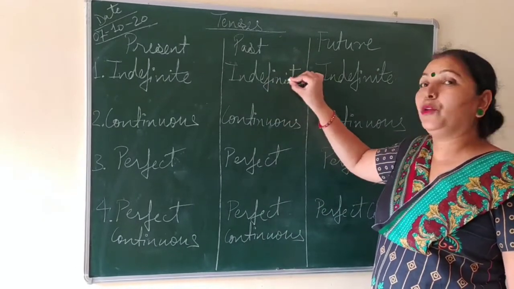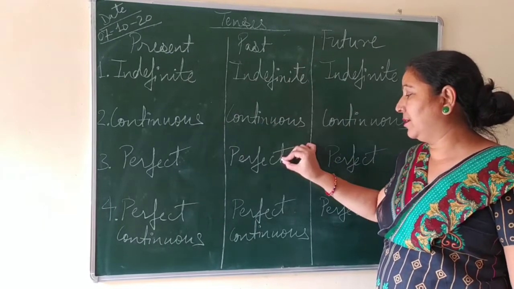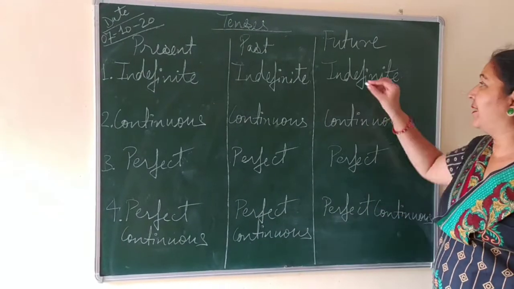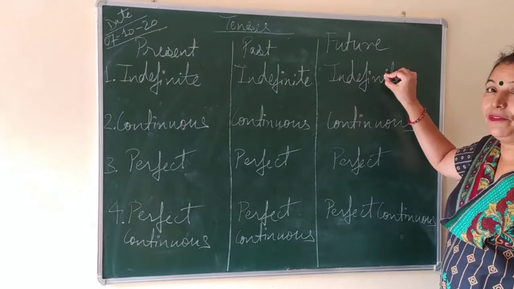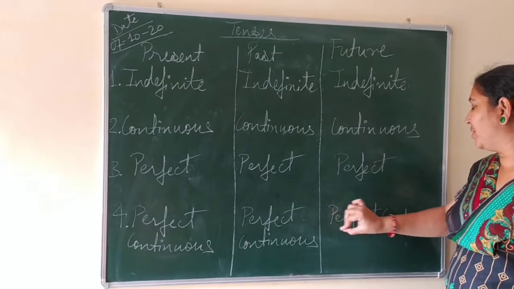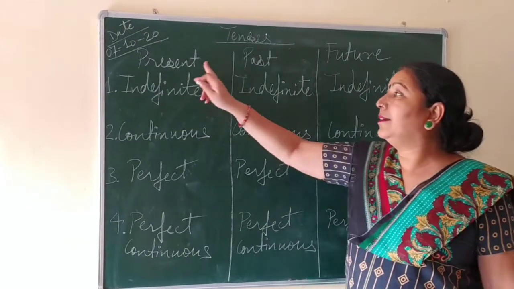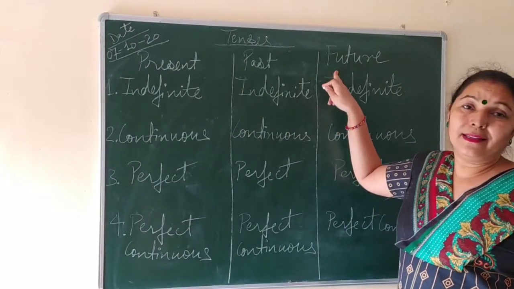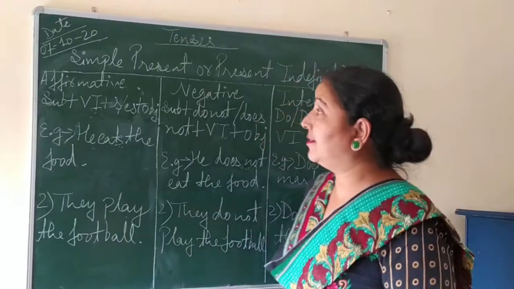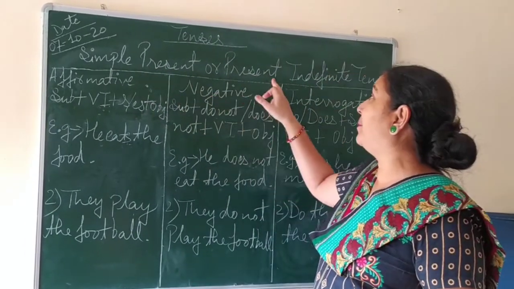Past indefinite, or you can say simple, past continuous, past perfect, past perfect continuous. Same thing for the future, that is future indefinite, future continuous, future perfect, under these three tenses: present, past and future. Got it?